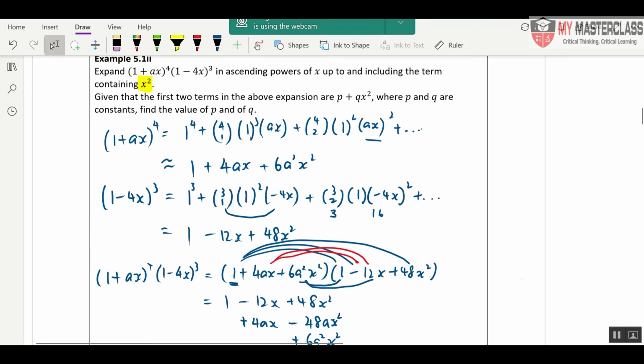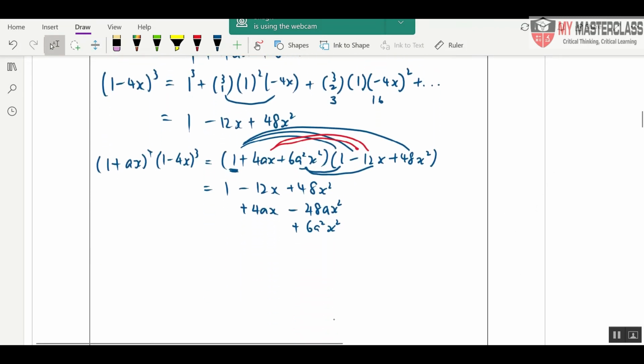The question only asks for x squared. Now I rearrange them all nicely. This will be equal to 1 plus, I take out the x, 4a minus 12. Next, I take out the x squared, this will be 48 minus 48a plus 6a squared.